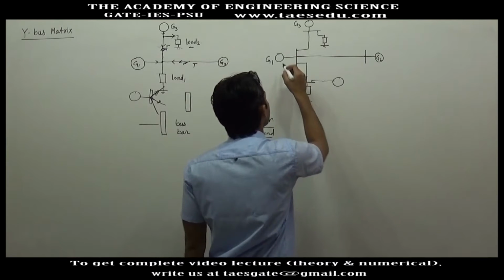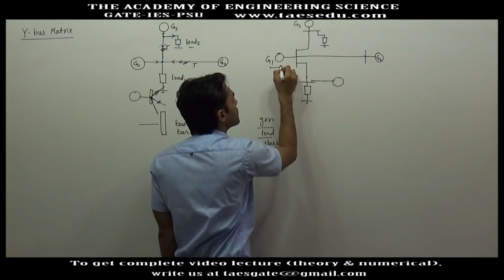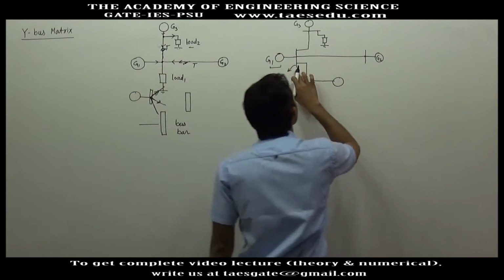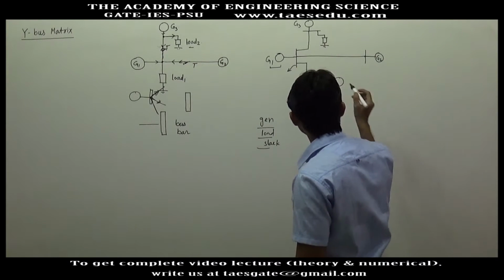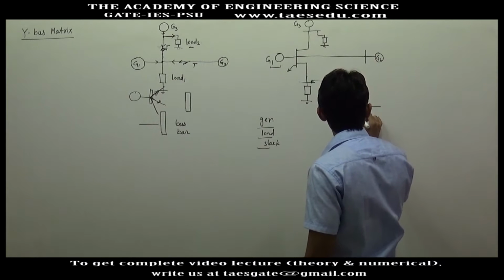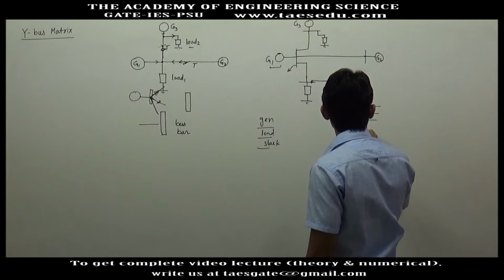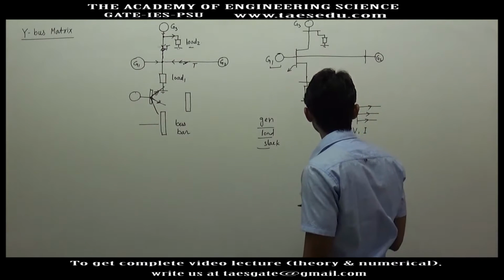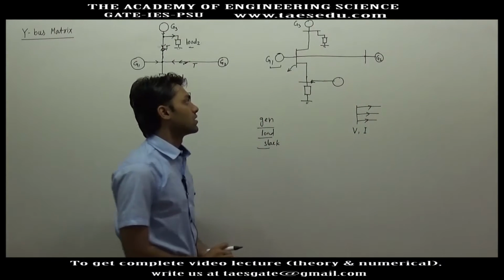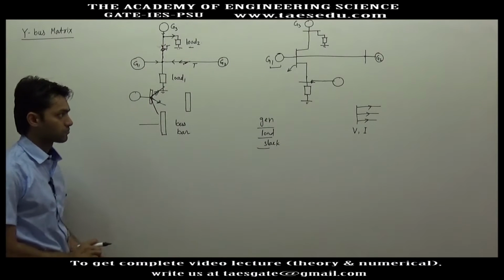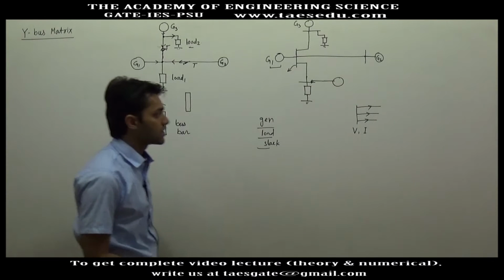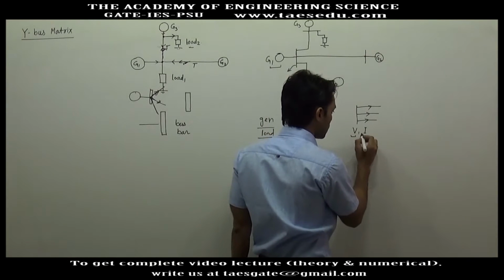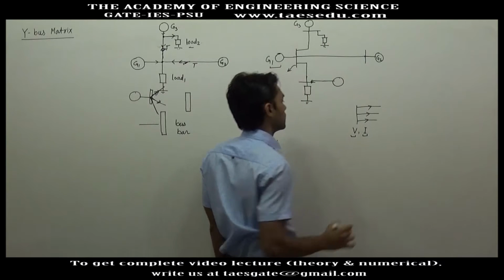Okay. So many buses are connected in a power system, and corresponding to the voltage of this generator, there will be some voltage of this bus. Similarly, voltage of this bus, and there will be some amount of current flowing through the bus, and there will be some voltage. And there will be some relationship between the voltage of a bus and the current of a bus.